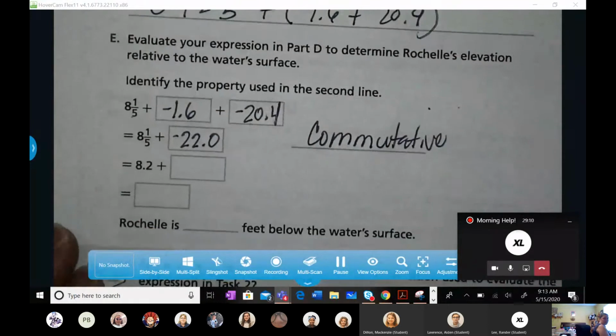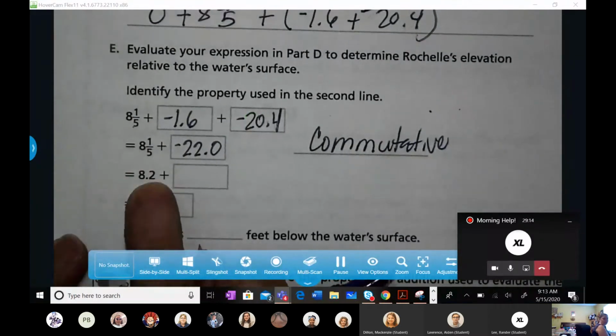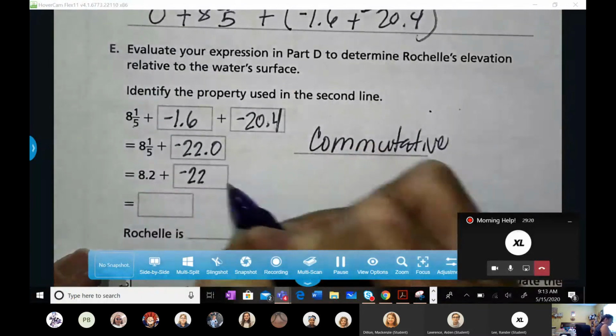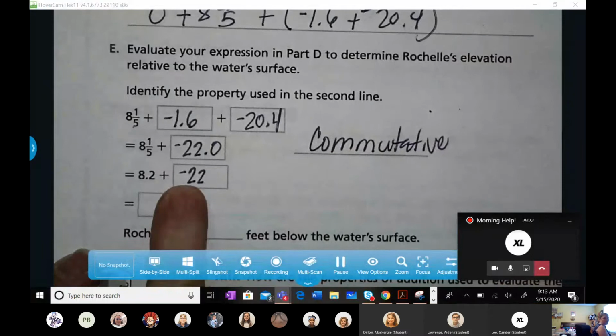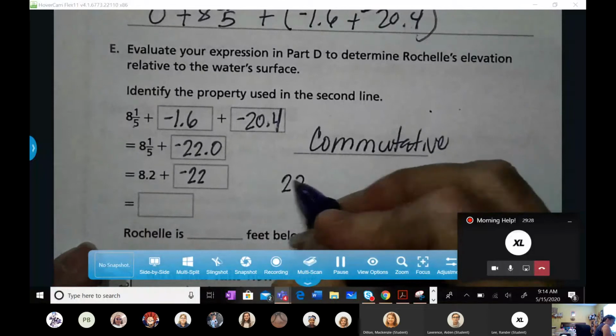Okay. All right, so then, as you can see, they converted the 8 and 1/5 to a decimal. So negative 22 minus 8 and 2/10. The rule says we take those absolute values, right? So we're going to subtract them.